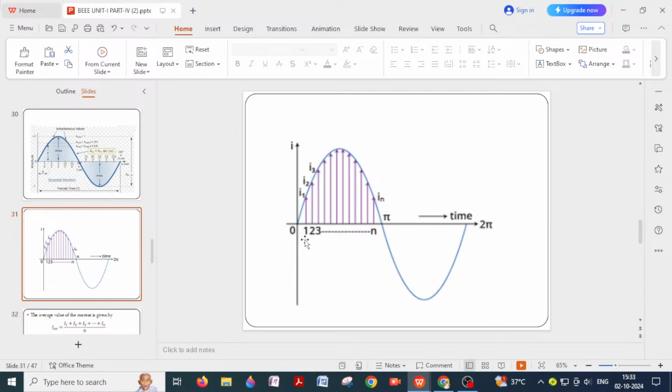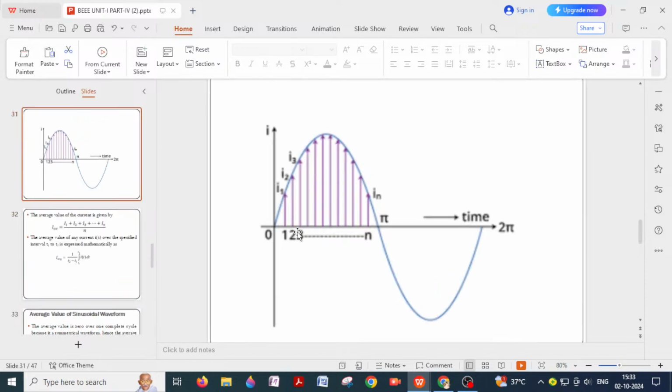At instant 2, current is I2. At instant 3, current is I3. At instant 4, current I4. At instant 5, current I5, and so on up to instant n, current is In.